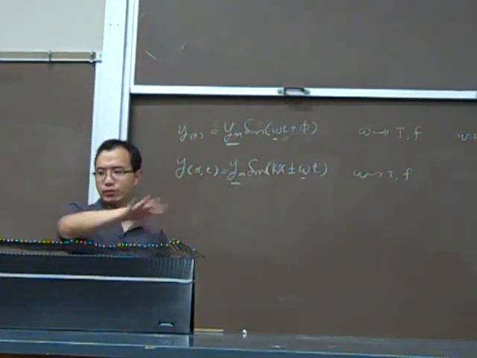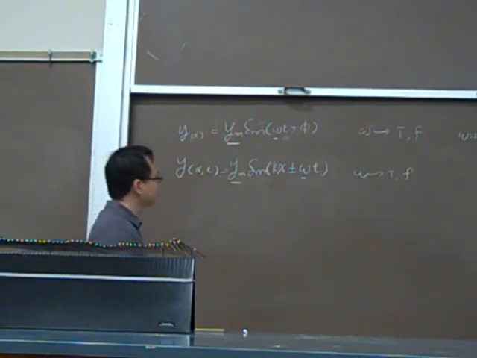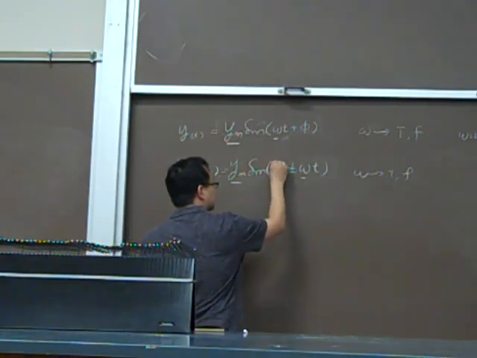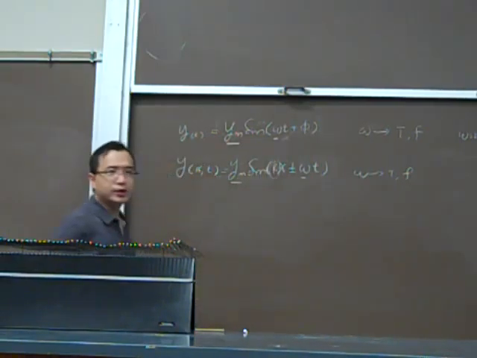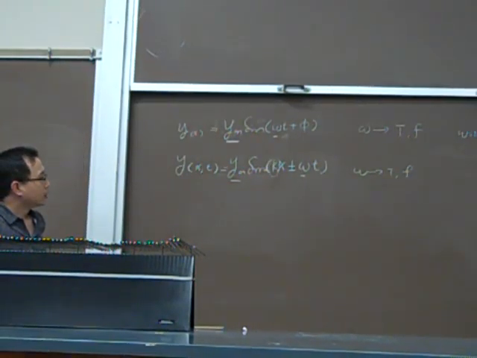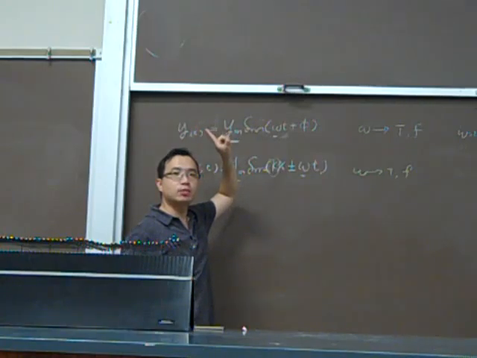The period of all these oscillations, the frequency of all these oscillations. But what's special for the wave is this quantity, k. This one doesn't have k for the oscillation of a single point.